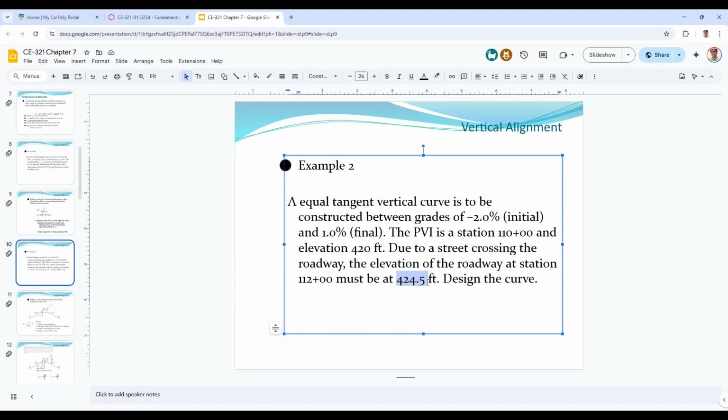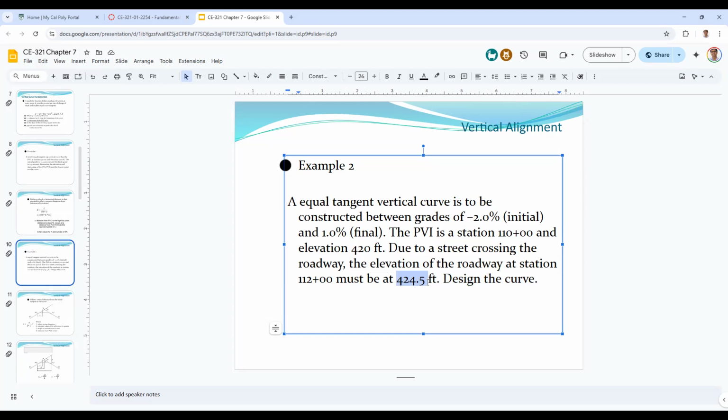Let me ask you this: should I plug in X equal to 11,200 because one station is 100 feet? It's station 112, so 112 times 100, 11,200 feet. No, that's not how we define X, right? X is not defined based on the stationing.